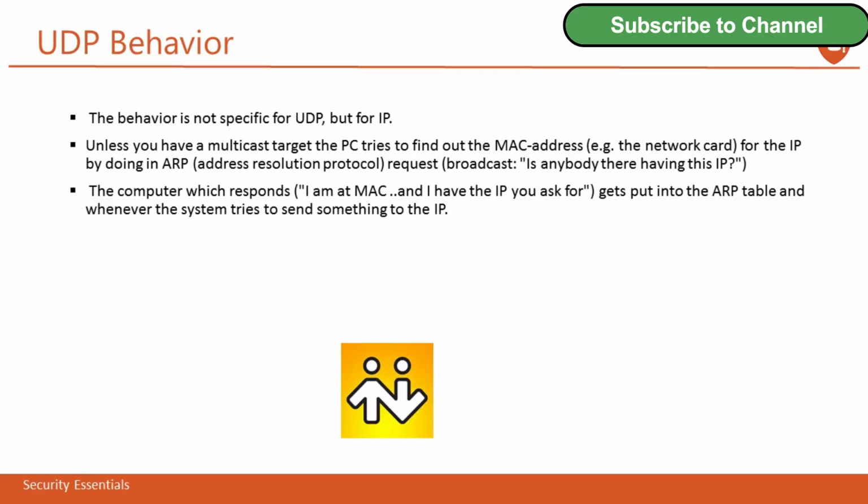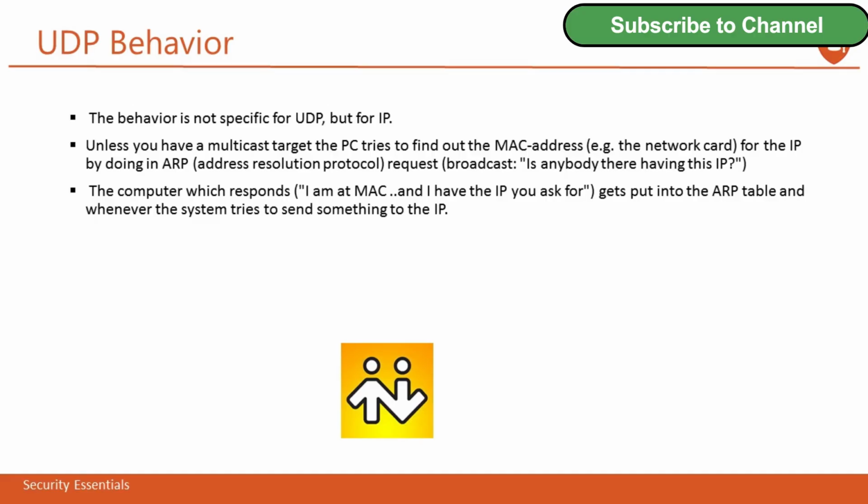So UDP works on ARP, and it broadcasts the packet to simply ask if anybody has a certain IP address. The computer which responds, I am at this MAC and I have the IP you asked for, gets put into the ARP table.